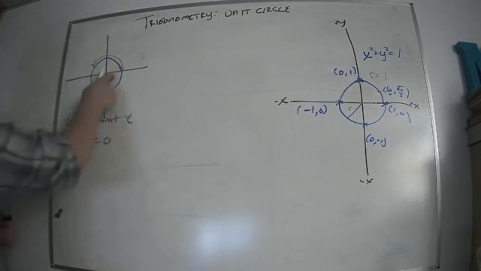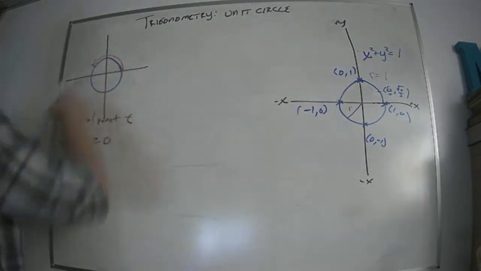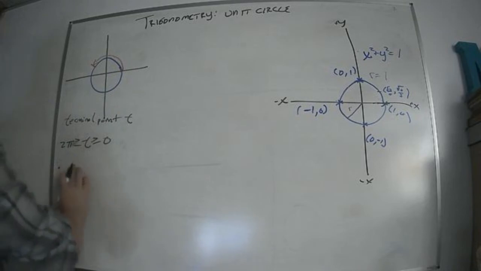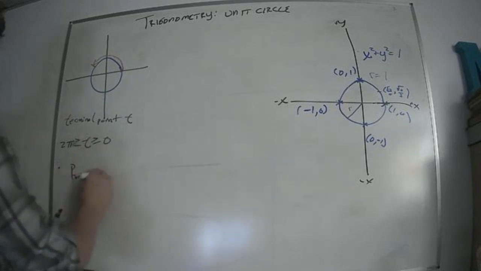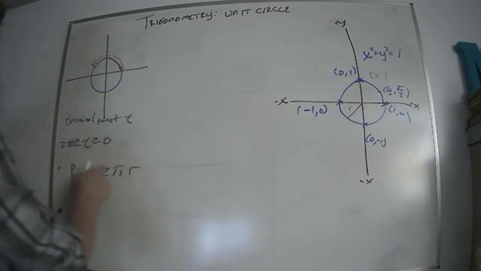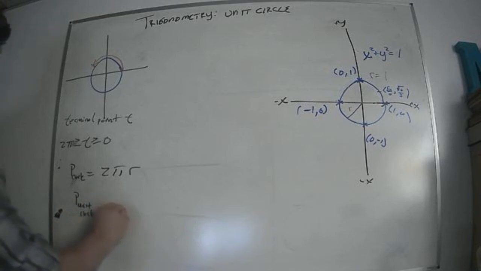If I start here and go all the way around, I will have gone around the circumference of this circle once, and the perimeter of the circle, which we call the circumference, is 2 pi r. For the unit circle, r is 1.